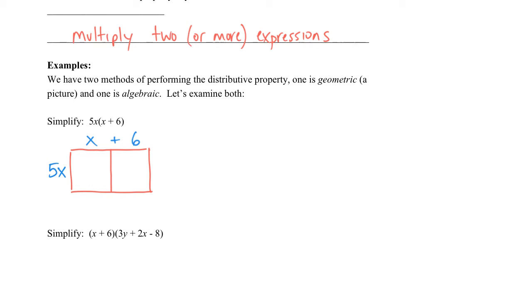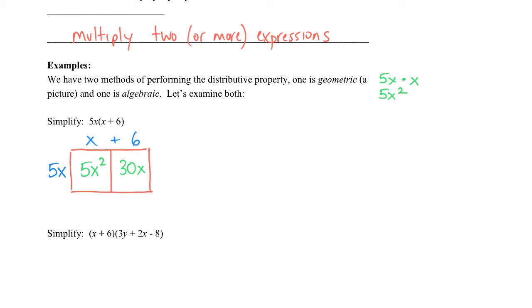So in this case, we would have x times 5x. Now remember, I'm just going to do this really quickly over here so that I refresh your memory. If we do 5x times x, that means that I now have two copies of x. X times x is x squared, so this would be 5x squared. So inside this area, I now know that this is 5x squared, and 5x times 6 is 5 times 6 is 30, and then I have one copy of x.